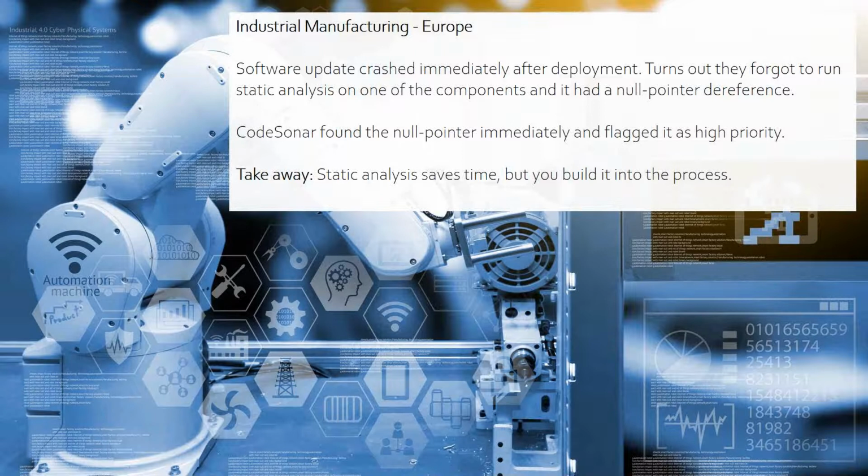So this is one example: a customer deployed some software, and afterwards it crashed immediately. The takeaway is that static analysis is saving time, but you need to deploy it into your development process.